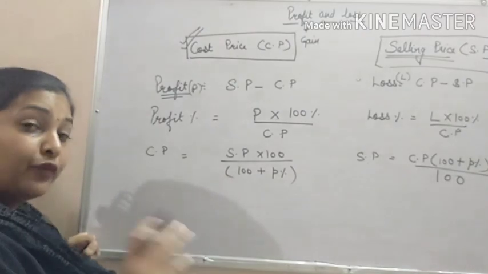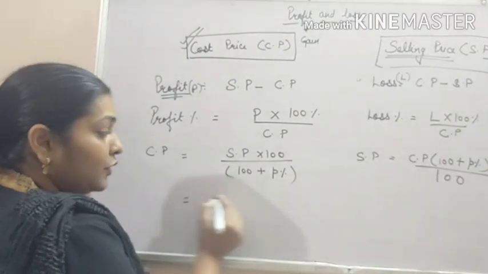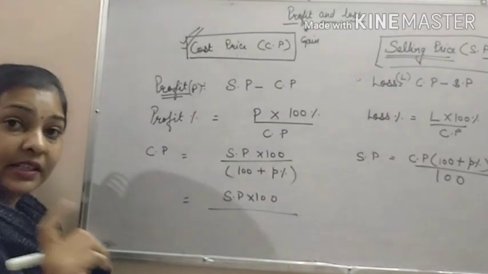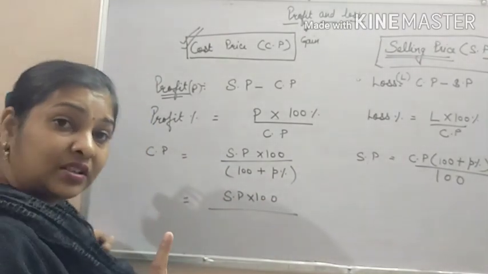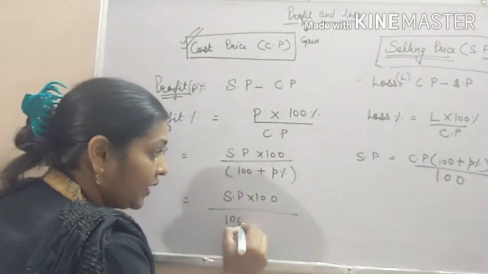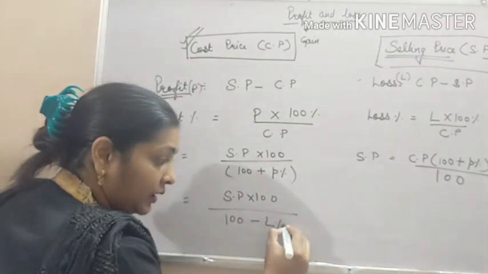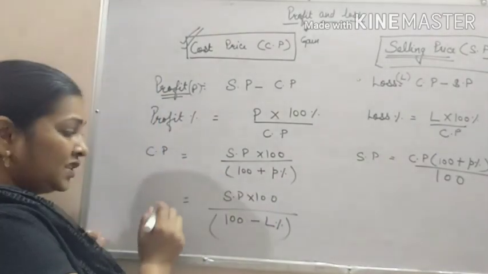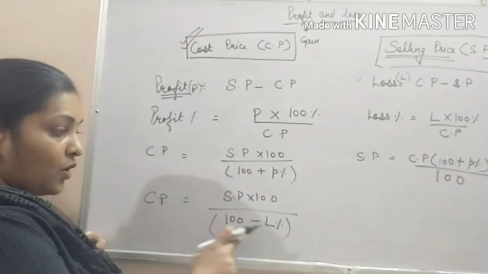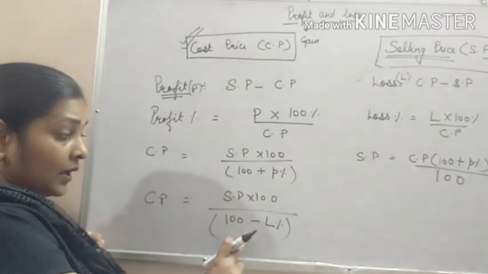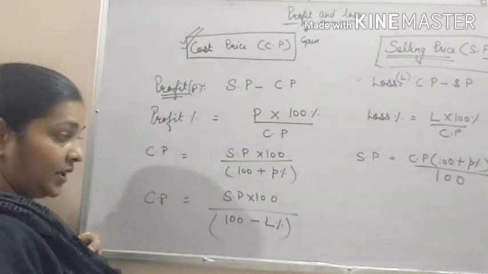Similarly, you can write the formula for loss. Now for the formula for loss, there will be a slight change. See, whenever there is loss, there is a decrease in the value, and to find the decrease in the value, we subtract the loss percentage. So in the case of loss, CP will be SP into 100 upon 100 minus loss percentage.